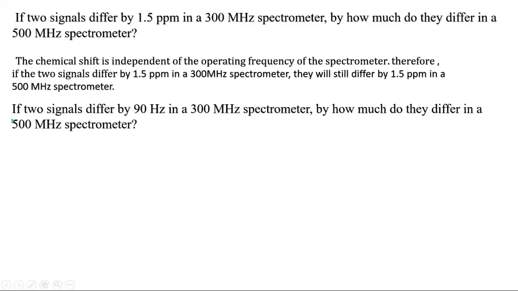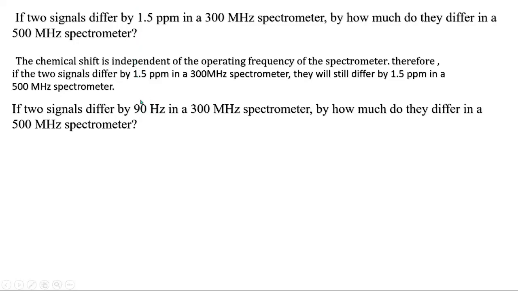Now come to the next question. If two signals differ by 90 hertz in a 300 megahertz spectrometer. Now, this is given in hertz. In the previous question it was given in ppm, but now it is given in hertz. If you calculate like before, you may end up with a wrong answer.